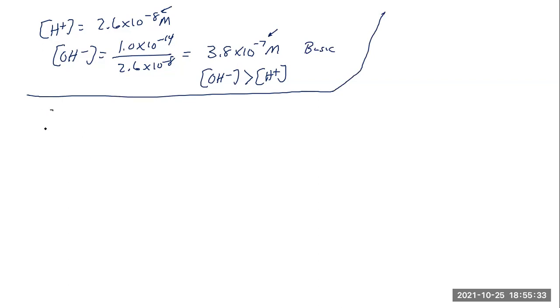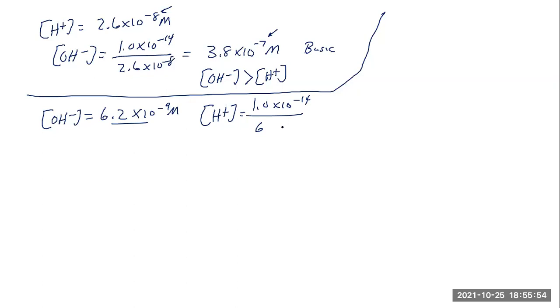Looking at the next one, the OH minus concentration is 6.2 times 10 to the minus 9, I believe. It really is the same calculation. H plus would equal 1 times 10 to the minus 14 divided by 6.2 times 10 to the minus 9. Again, we're making sure we use our exponent button.